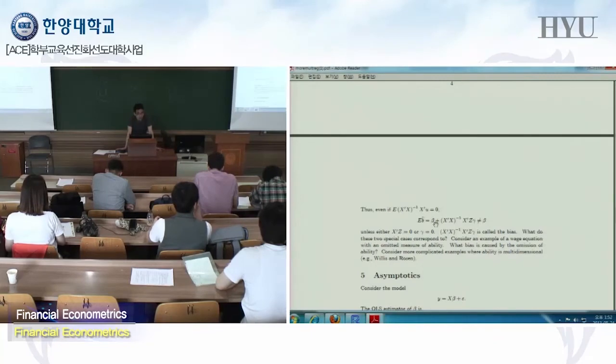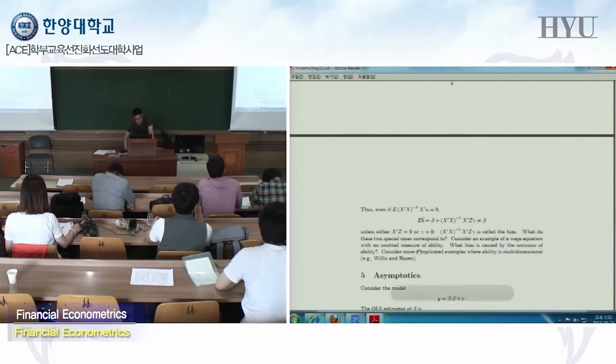Of course, even if we omit important variables, it is still possible that we get an unbiased estimator if either X'Z is 0 or gamma is 0. First, let's take a look at gamma being 0.